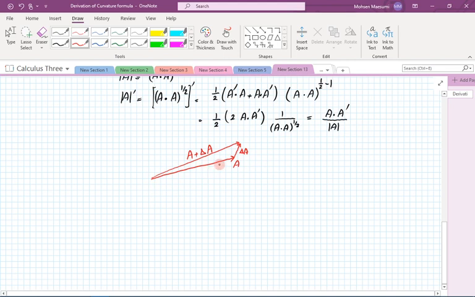The question is, what is the change in the magnitude? That's what this derivative is referring to. What is the change in the magnitude of this vector? That is, if I have the magnitude of a plus delta a minus the magnitude of a, what would that be? Let's go ahead and try to figure this out by just drawing. I want to find the difference between these two sides.